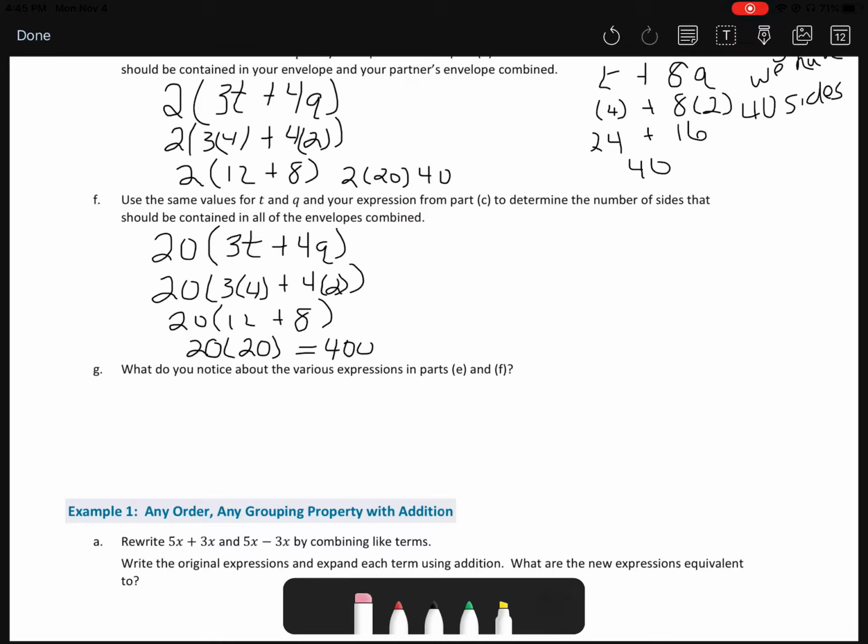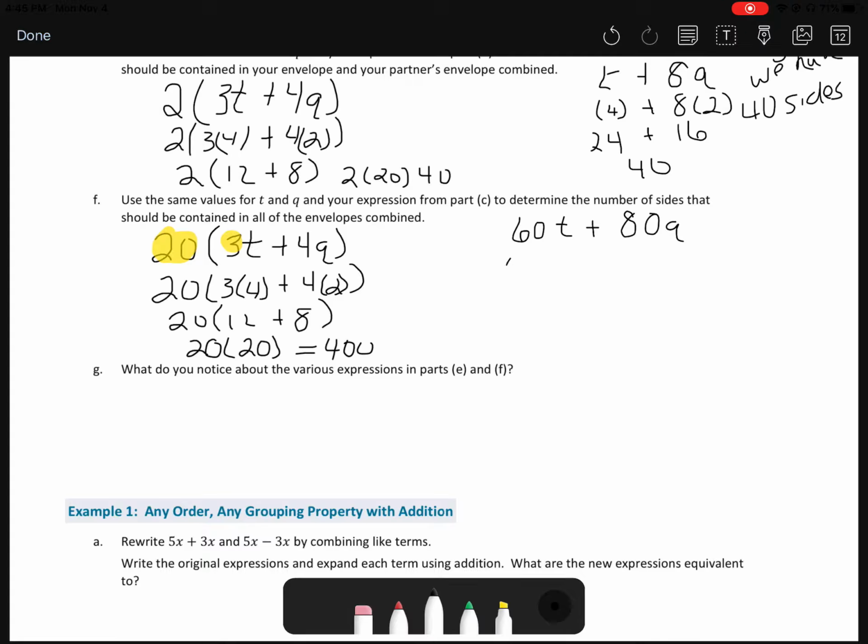Let's try it again, just like we did before, using this expression. So instead of doing 3t plus 4q, I'm going to figure out my distribution first. So 3 times 20 is 60. So 60t plus 80q, because 4 times 20 is 80.